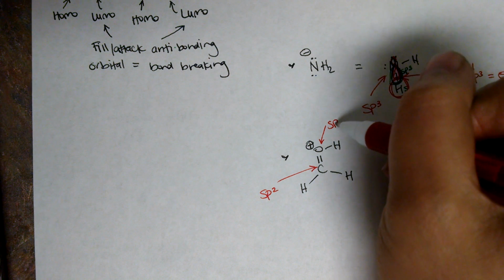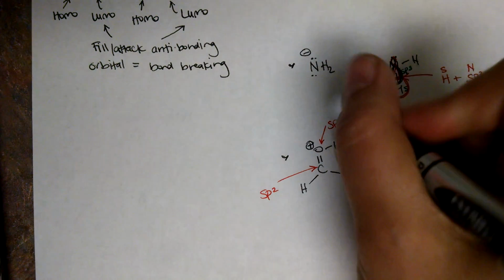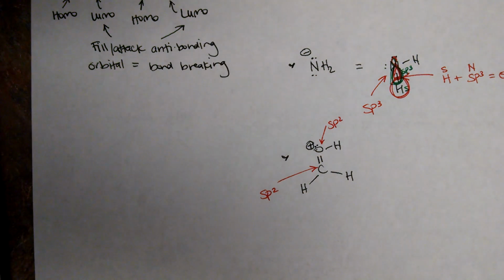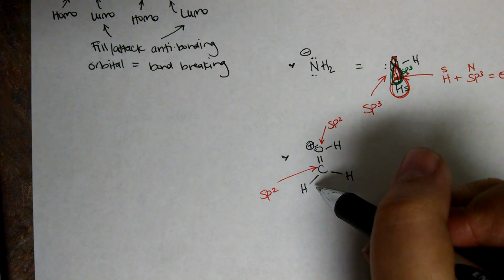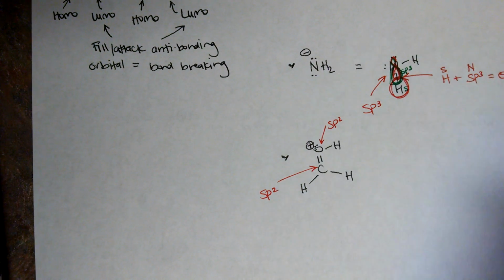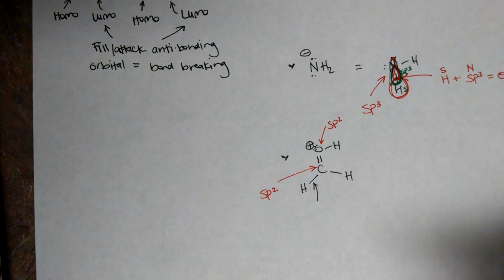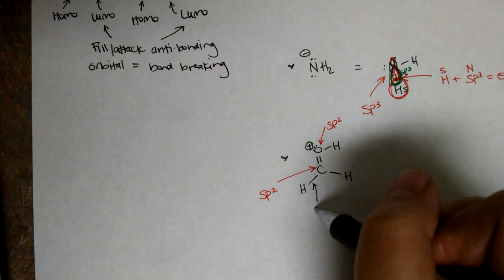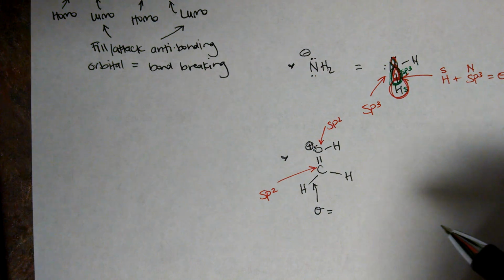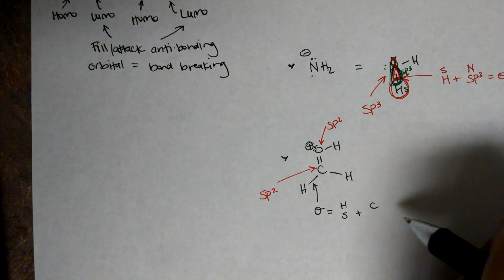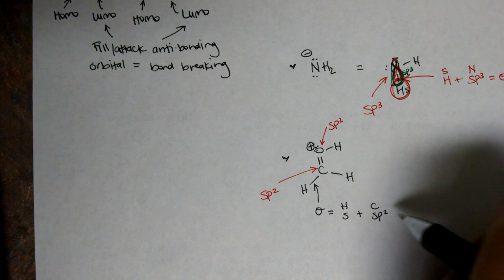He's also sp2, because although they aren't drawn, he has lone pairs. Don't forget those lone pairs. Importantly, let's just talk about this bond. What is it made from? This is a single bond, so it's a sigma bond, and it's made from, again, the hydrogen's s orbital overlapping with the carbon's sp2 orbital.